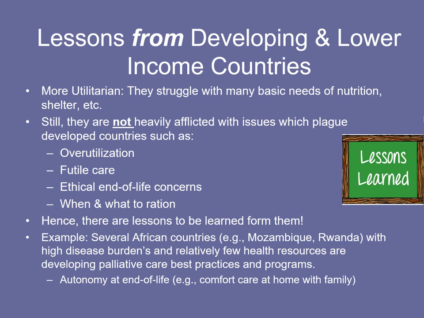They're less plagued with futile care and choices regarding it. They tend to have a better handle on ethical considerations regarding end of life, when and what to ration. In some cases, the choice to ration is simply a function of not having the necessary resources.